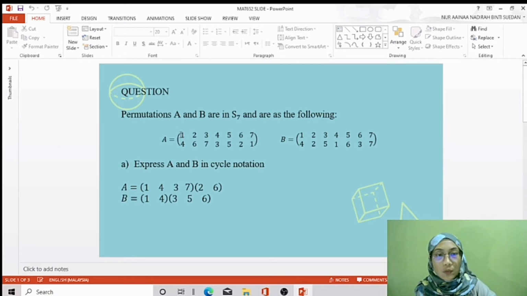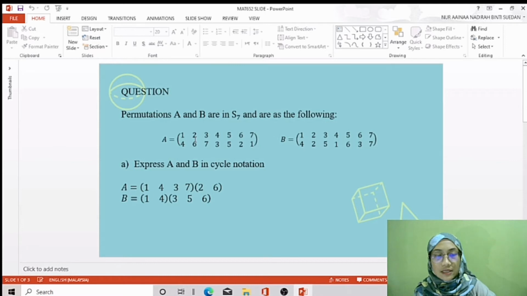So 1 goes to 4, A maps 4 to 3, 3 to 7, then maps 7 to 1. But 1 we do not need to write, so we just put the parenthesis after 7 to indicate that 7 maps back to the first element listed. So (1 4 3 7).